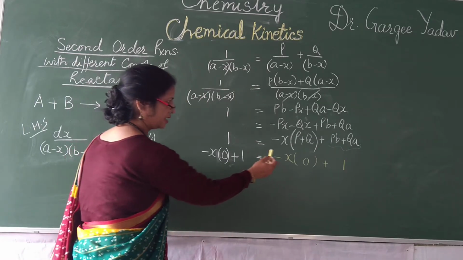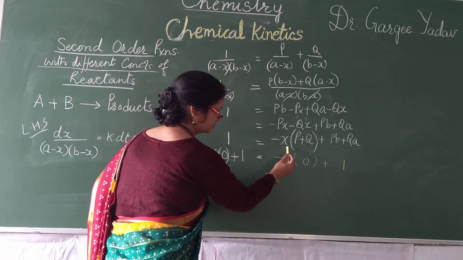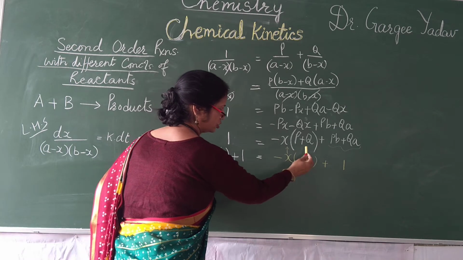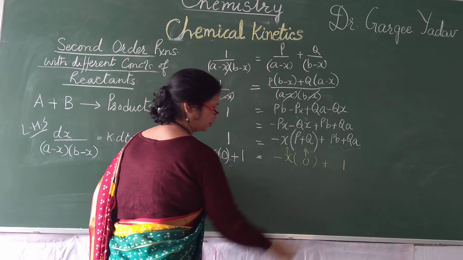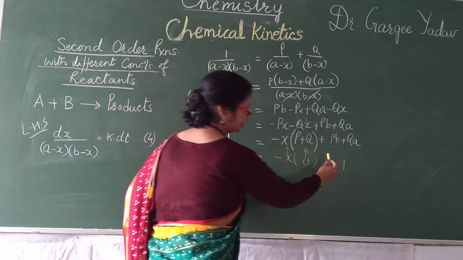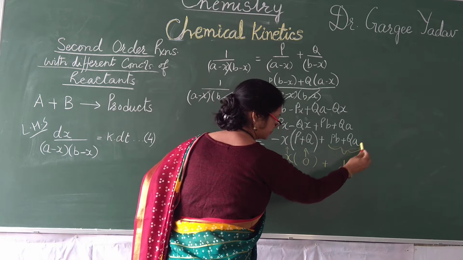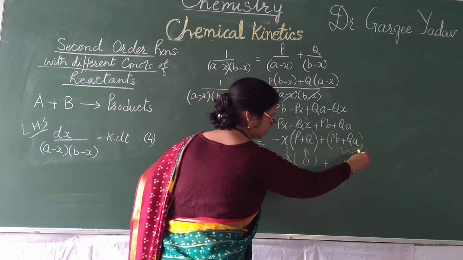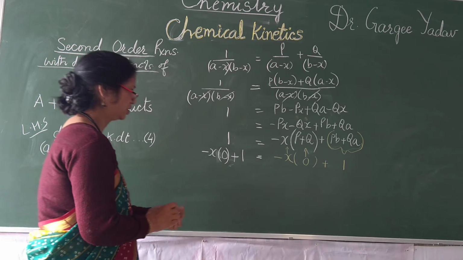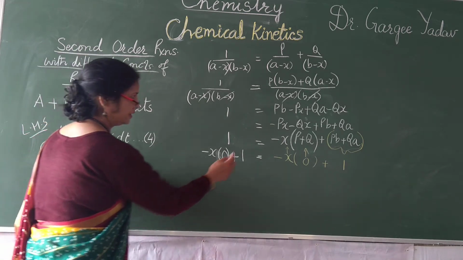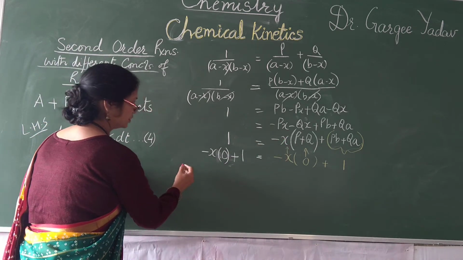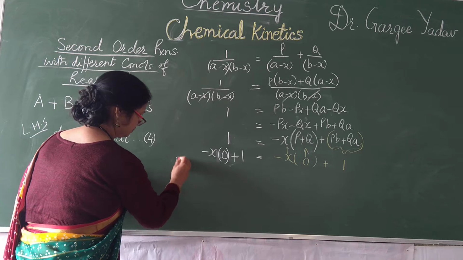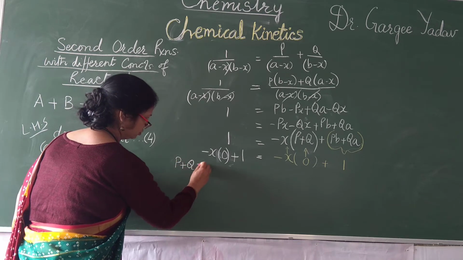So we have this minus x, so this x is x over here. This 0 corresponds to this p plus q is 0, and this 1 corresponds to this pb plus qa. So we have p plus q equal to 0.